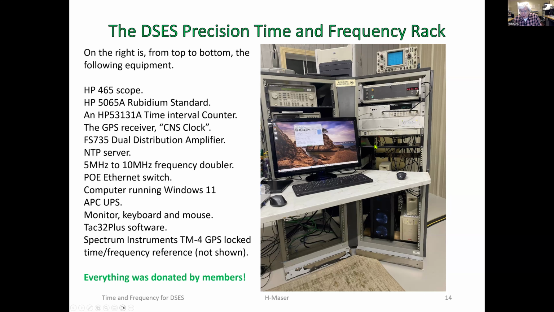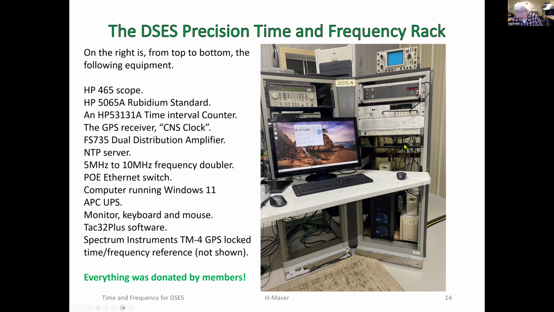And buried on a shelf down here below the distribution amplifier is a very high performance, low noise, 5 to 10 megahertz multiplier. And that multiplier then feeds this distribution amplifier, which has 2 banks of 8 outputs. So we can drive as many as 16 10 megahertz clients from here.